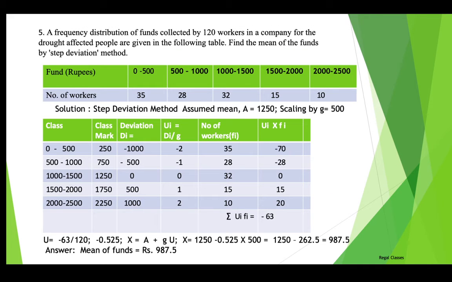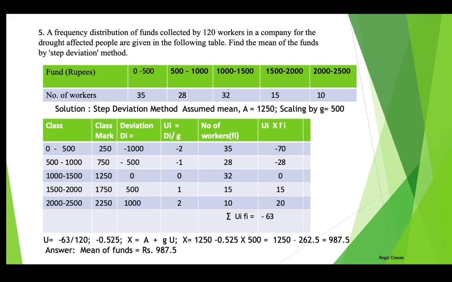Again a frequency distribution, of 120 workers in a company, and the question asks to calculate the mean by step deviation method. So in step deviation, first you calculate the deviation. A is assumed as 1250, then divide that by g equal to 500, and you get the table -2, -1, 0, 1, 2 as Ui.